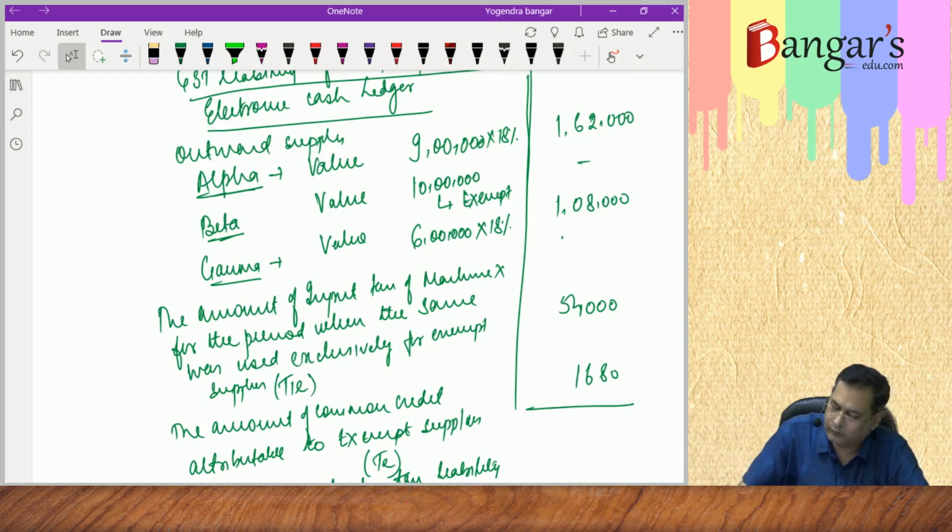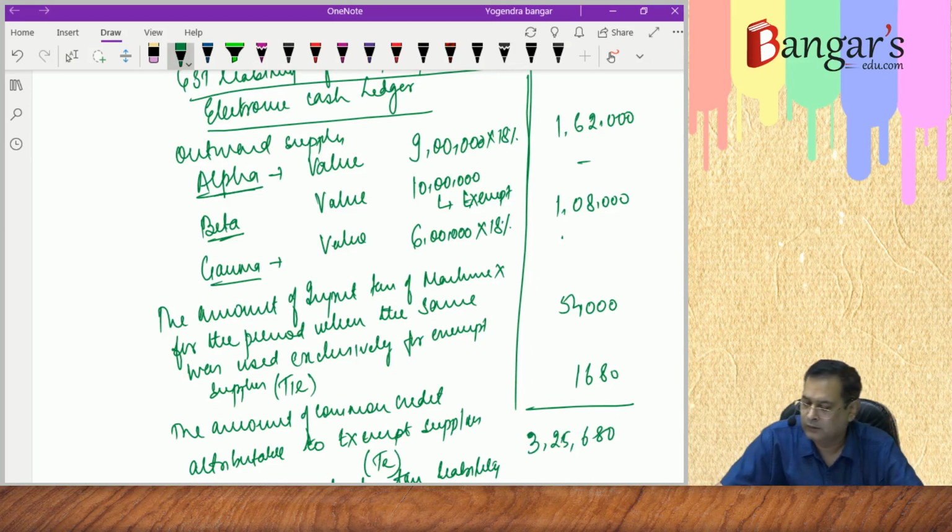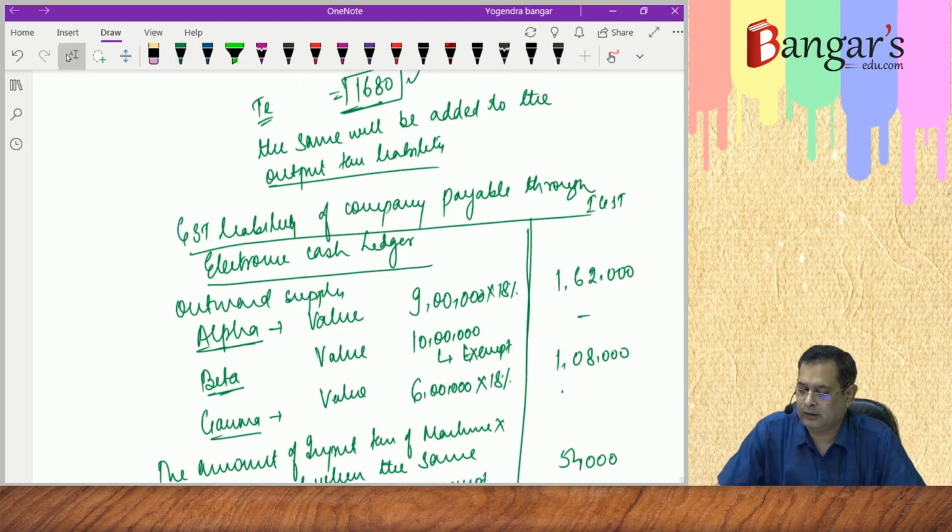That works out to be 3,25,680. And what is the balance in our electronic credit ledger?